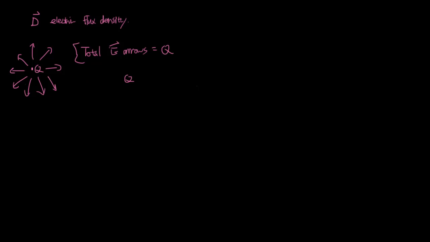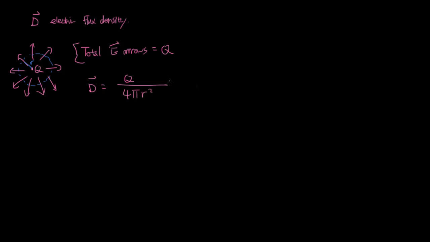So let's just draw a sphere of radius r. The electric flux density will be the total number of arrows, which is Q, divided by the surface area of this sphere, which is going to be 4 pi r squared, right?